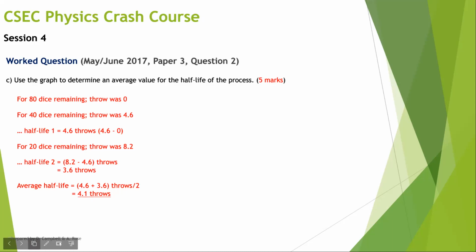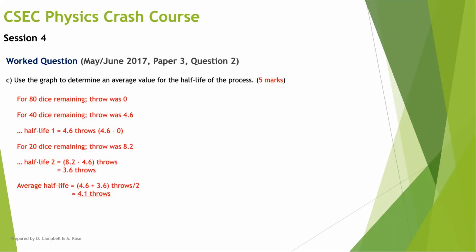Right? So sometimes they'll tell you to use 2 or 3 values, or they might tell you to use 4. So you can use your discretion, but just ensure that you show the values or you show the read off on the graph and you find the average half-life. So if you use 4, you would add the 4 readings and divide by 4. If you used 3, you would add the 3 half-lives and divide by 3.